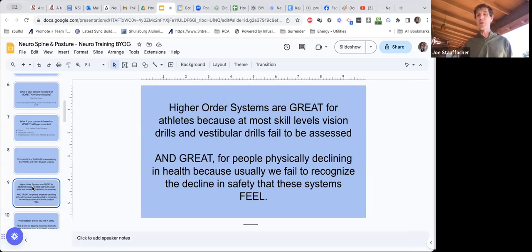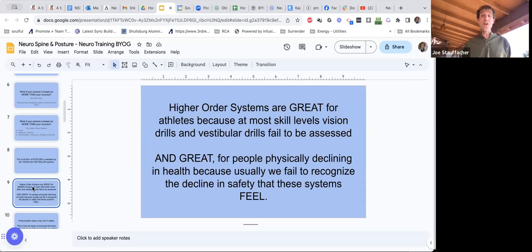And this is just great for people who are physically declining in health, because if they think that they're aging and time makes them worse, if that's their belief system, then you're not even going to be able to recognize, if you don't know how to do these drills, whether you even feel safe or not.